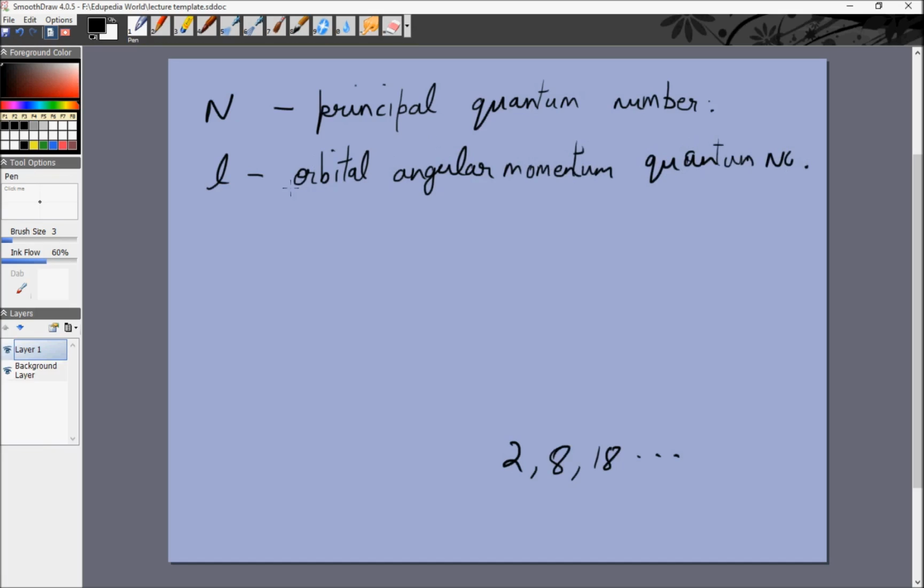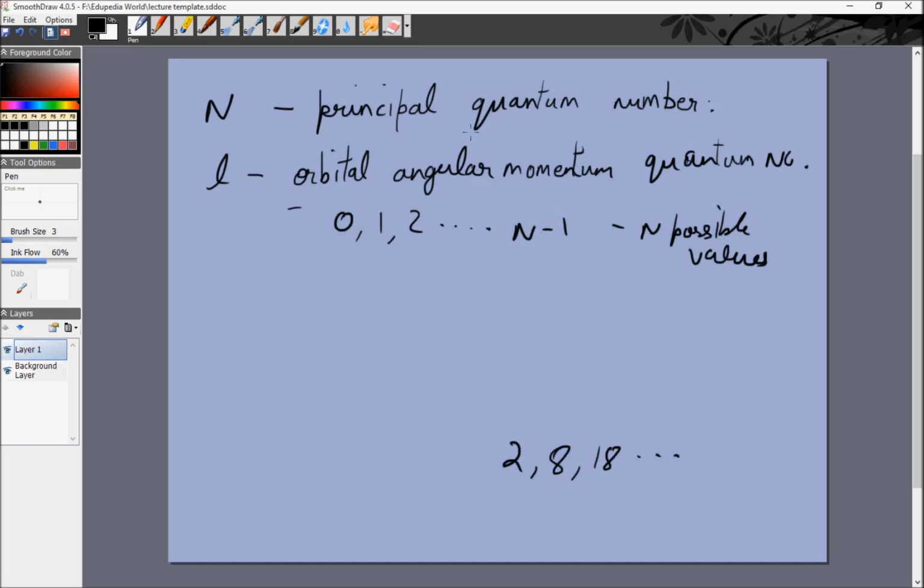And its value generally ranges from 0, 1, 2 all the way to n minus 1. So there are n possible values. That means if we are in the third energy state, then the principal quantum number is 3, and L can have values 0, 1 or 2. L can only take values starting from 0 and going up to n minus 1.